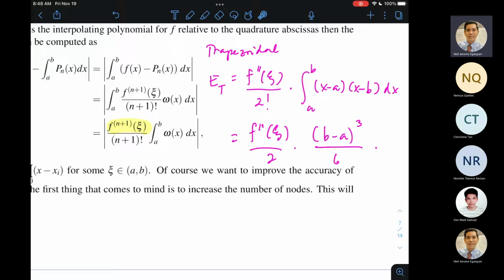And then we see here that it seems that as we increase the number of points used, halimbawa sa general Newton-Cotes, all right? Pag pinalaki natin ang pinalaki si n, mukhang paliit ng paliit yung error kasi yung n nandun siya sa denominator inside the factorial, and we said factorials grow very fast. Medyo kailangan lang natin maging careful kasi natutunan natin sa interpolation theory, okay?